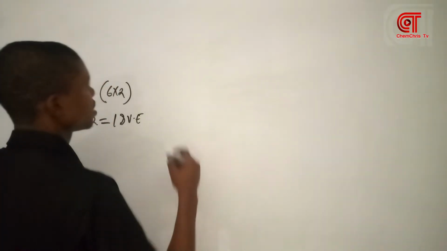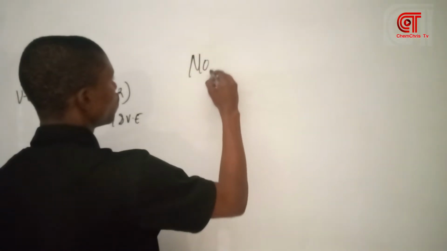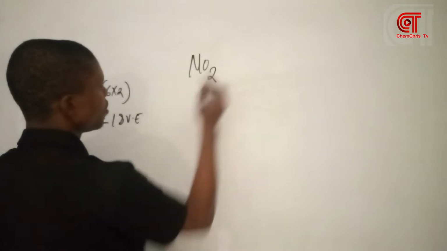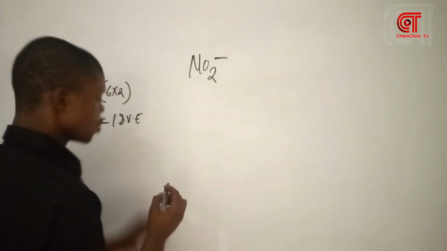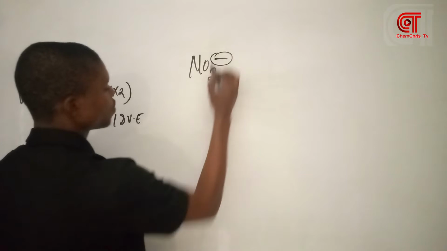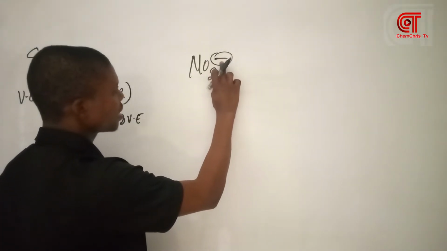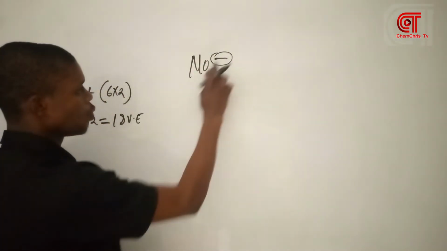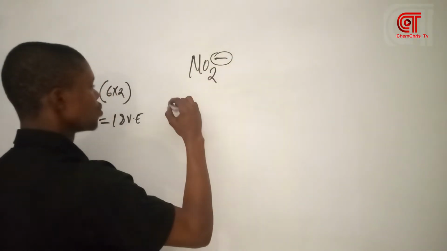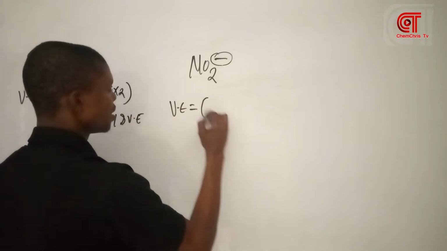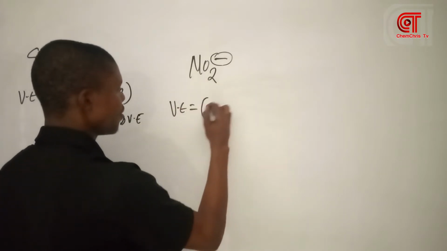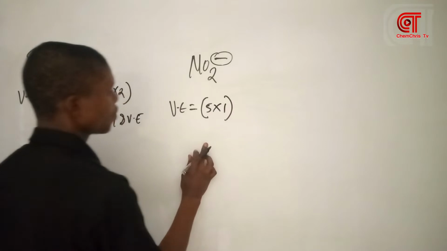Now what about if you have NO2 minus? Good. Whenever there is a minus sign here, I want to add the total charge to the valence electron. So my valence electron here is going to be nitrogen, which is 5 times 1, right?